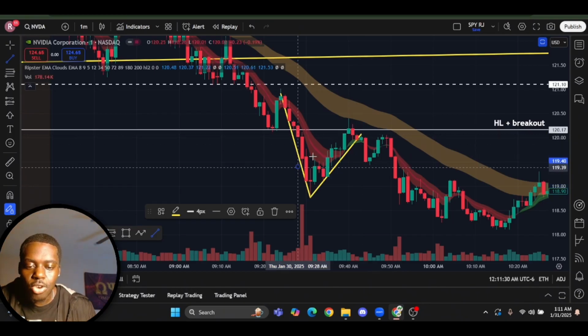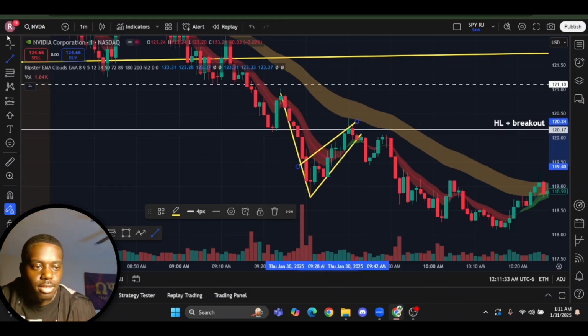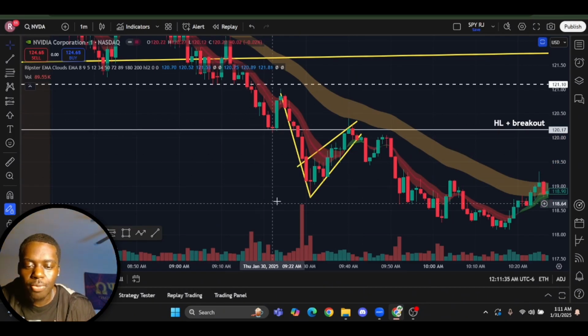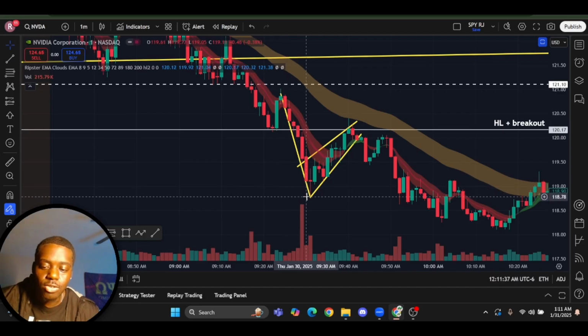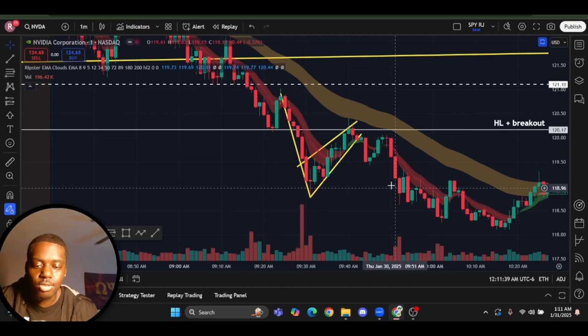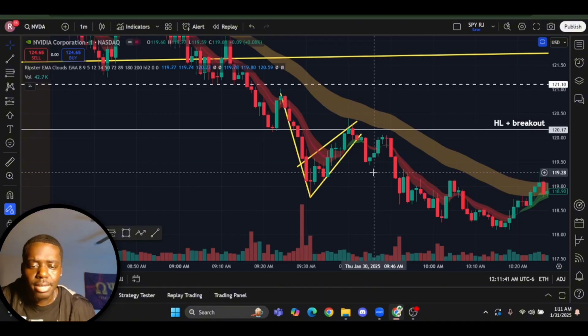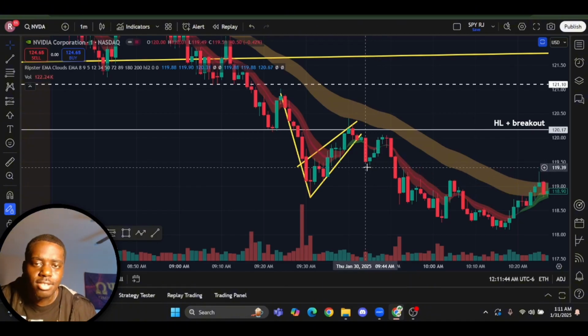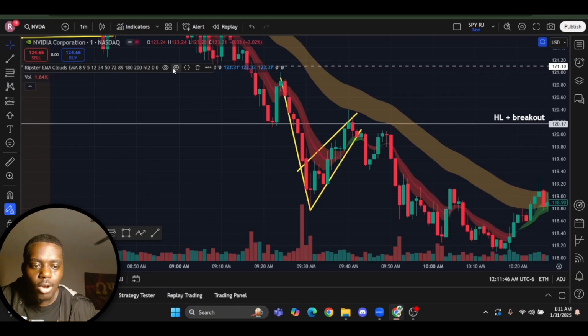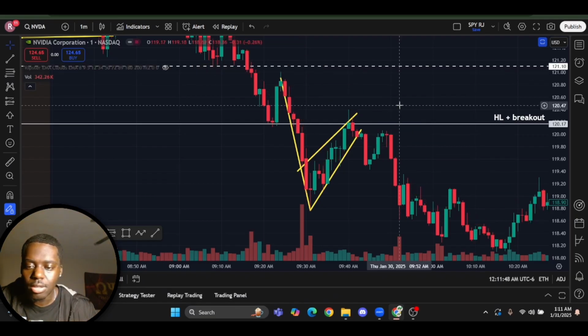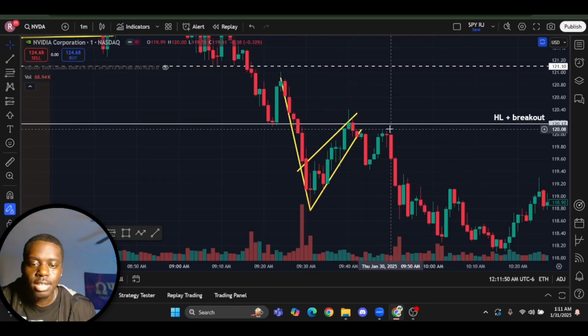Now, if you know your chart patterns, then you know that this is called a bear flag. Okay. And bear flag tells you that a stock is more than likely to continue downward. But not only is that a bear flag, this is also the retest of the level that we already plotted from the 4-hour.